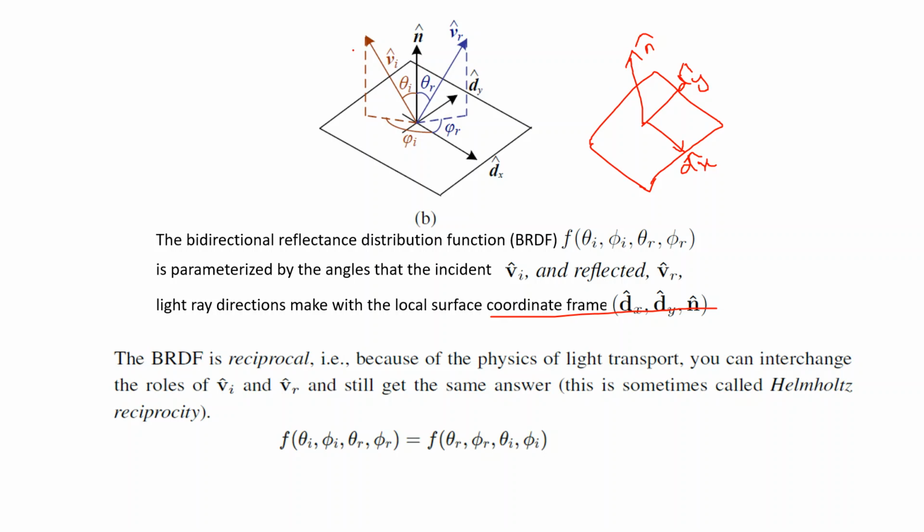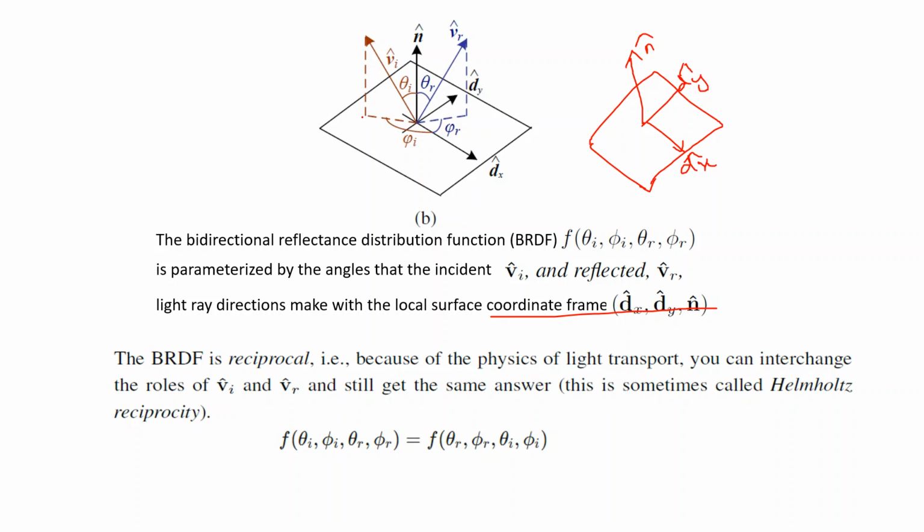So on hitting the surface, it will be reflected. The incident light is represented as Vi, and the reflected light direction is represented as Vr. The angle between the incident light direction and the surface normal is represented as theta i, and the angle between the reflected light and the surface normal is represented as theta r.